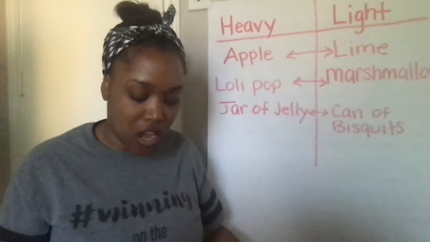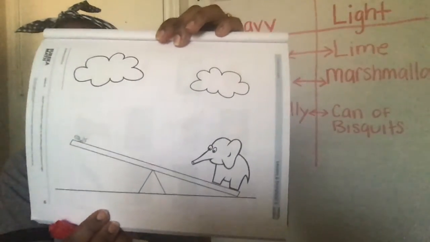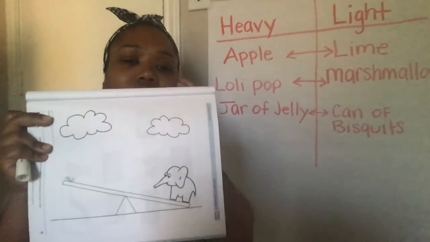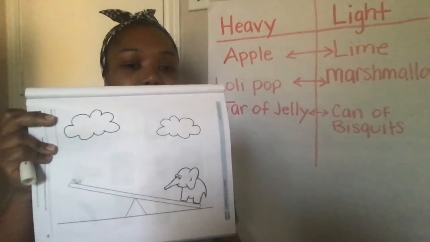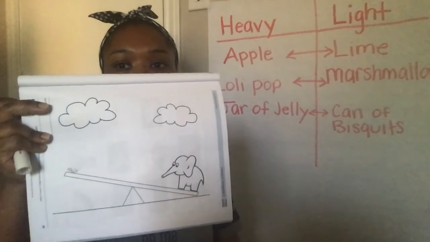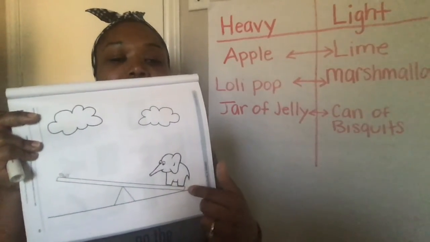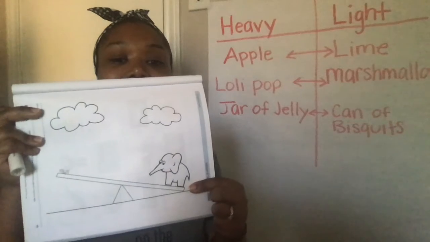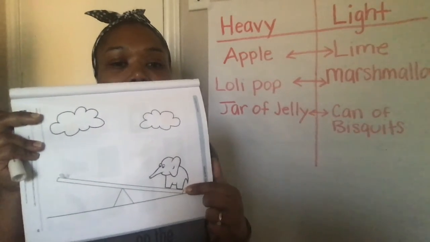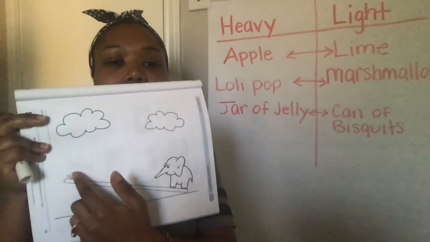Now, let's talk about our seesaw. What happens if something is heavy and it sits on one side of the seesaw? What's going to happen? Good. It's going to go down. And what's going to happen if something is light that sits on the seesaw? Good job. If it's light and it sits on the other end, it's going to go up. Very good.